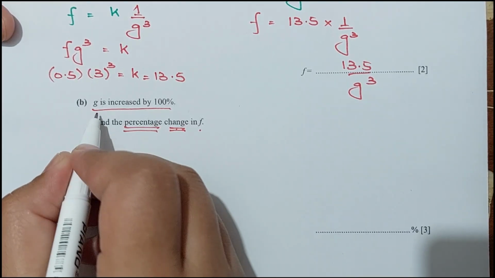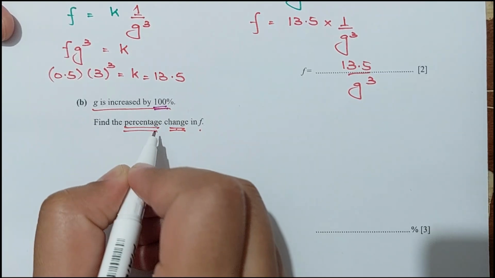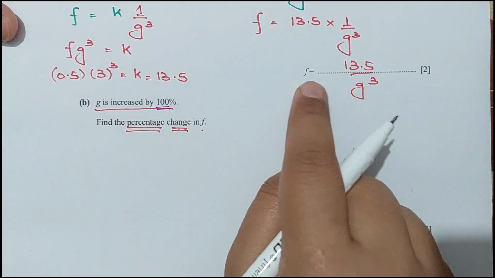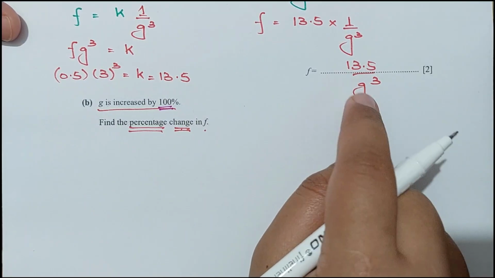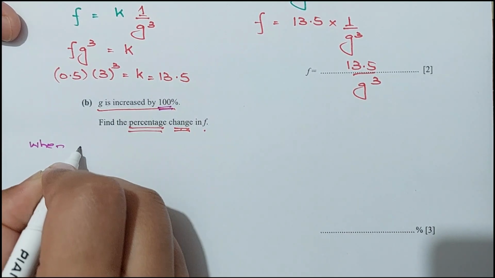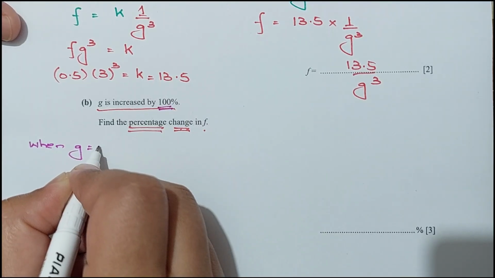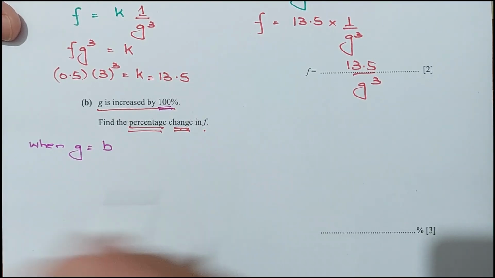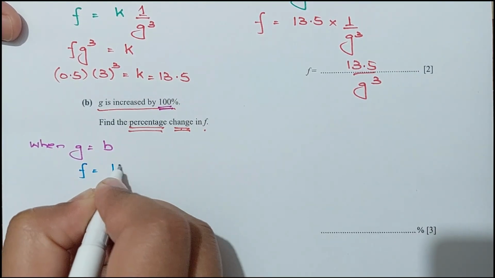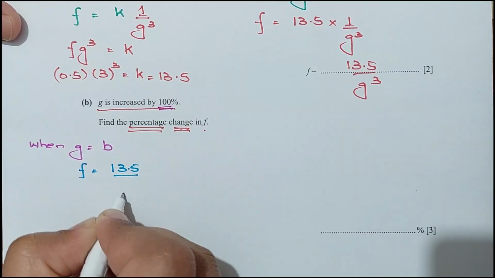Okay, so G is increased by 100%. Keep this in mind. We have to find the percentage change in F. So F is basically 13.5 over G cube. In the first case, let's say G is some variable B. So what is my F? F would be equal to 13.5 over B cube.